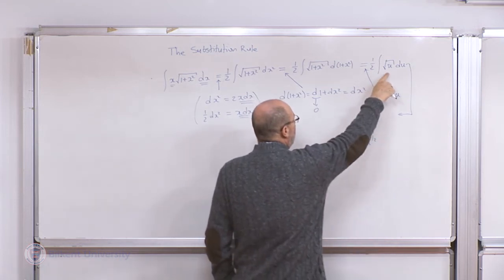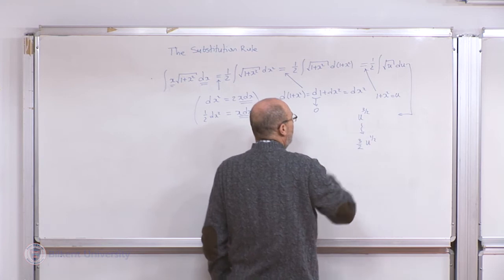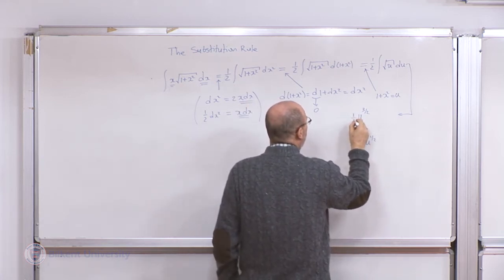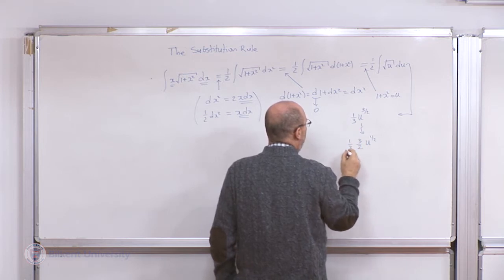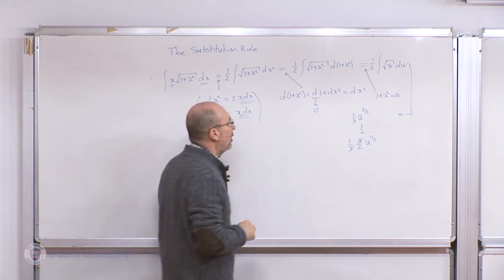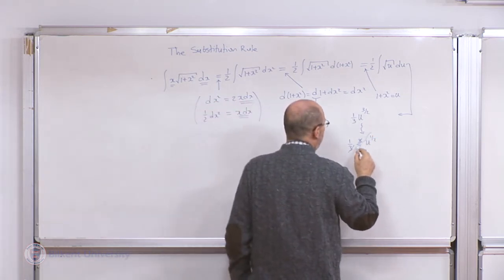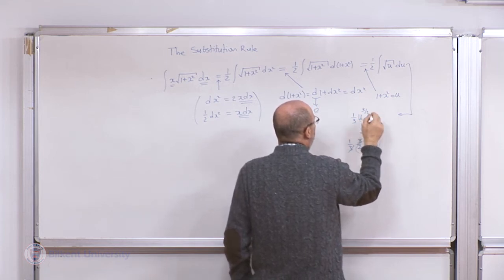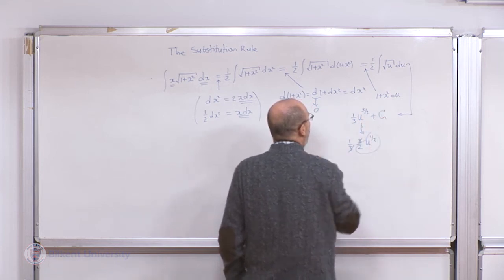Okay, so I'll get this thing, but I don't have 3 there, so I want to divide this thing by 3. If I divide this by 3, I'll have exactly this one here. Okay, so this is what I have here. So this is the antiderivative plus c.